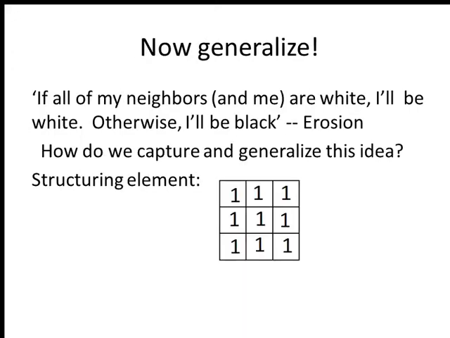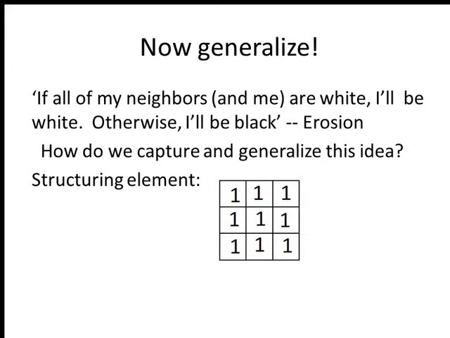So let's take this idea of erosion and dilation and generalize it some. I was talking about neighbors before. Well, you can generalize the idea of neighbors to refer to a structuring element, which is sort of the mask that you apply to each individual pixel.